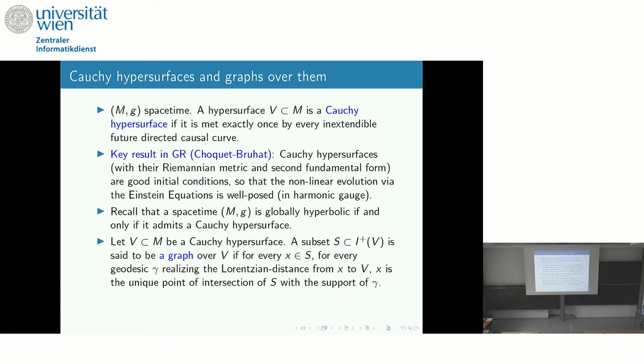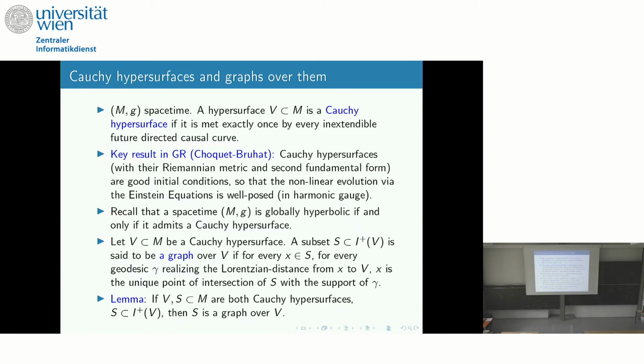It's a bit cumbersome, but it is the precise way of saying the following. So you have V, here you have S. You want that when you take the time separation from V, you have a unique point of intersection, and you don't want something like that. If you have a geodesic which does that, you have more than one point of intersection, so that's not a graph.